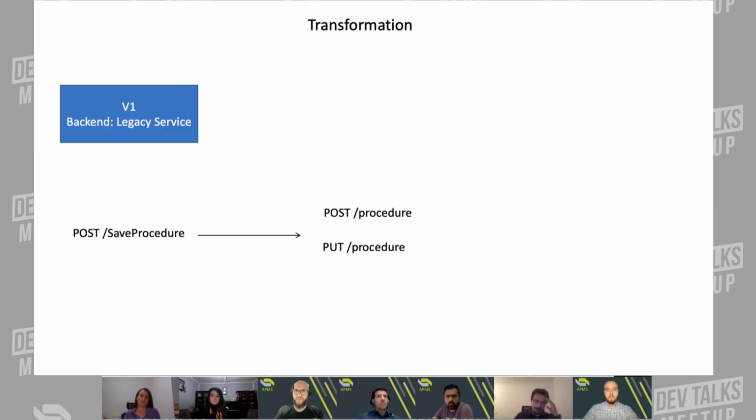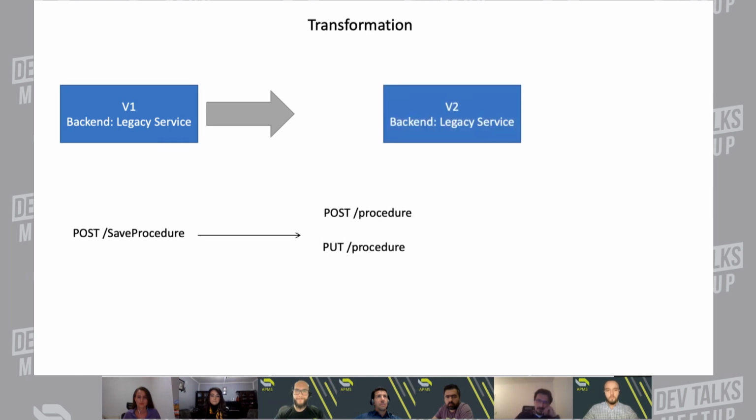That does 2 things: create a procedure and update a procedure. This is just an example of a transformation that we had to do for a lot of endpoints, and it changed the endpoint map quite a lot. When we get these new endpoints, we call this the second version of the API.